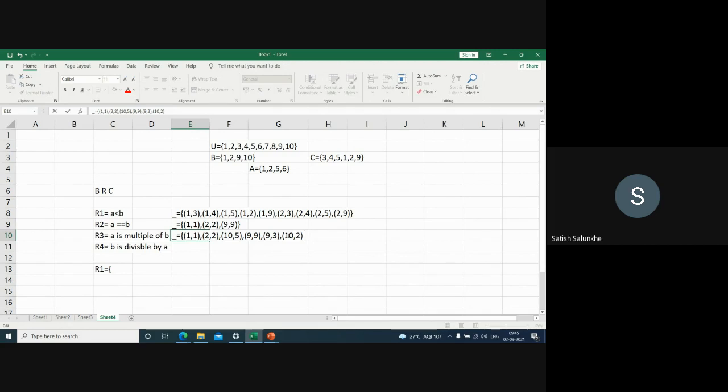Any other thing? Are we done or are there any other elements belonging to R3? Come on, conclude quickly. Sir, yes: (10,1), (9,1), (2,1). 10 comma 1, 9 comma 1, 2 comma 1.